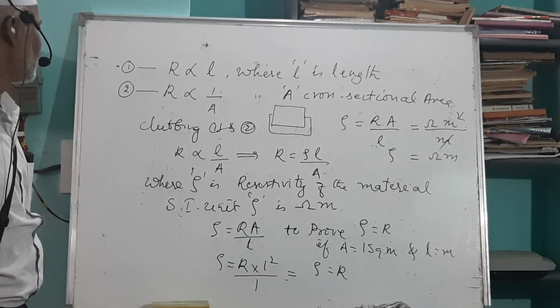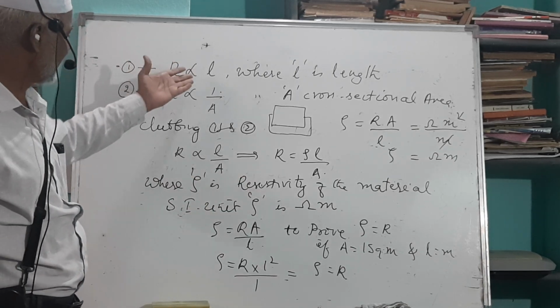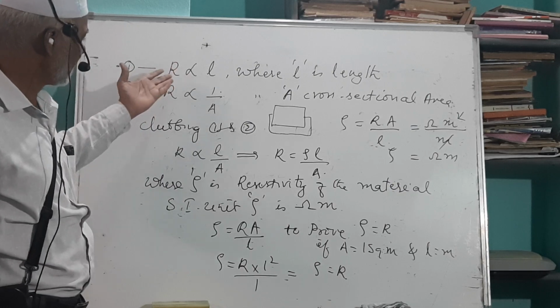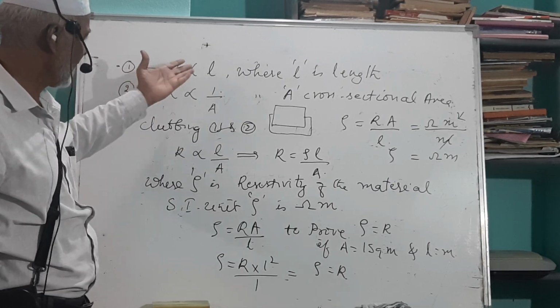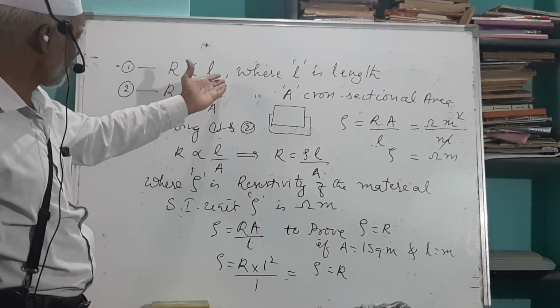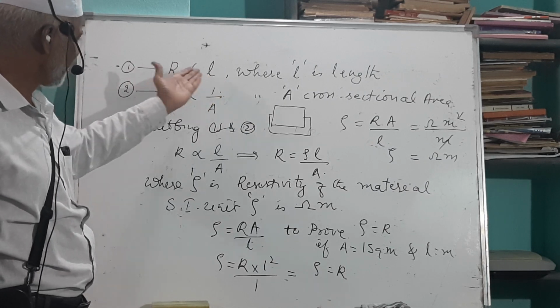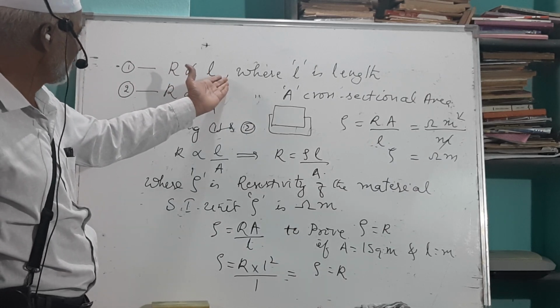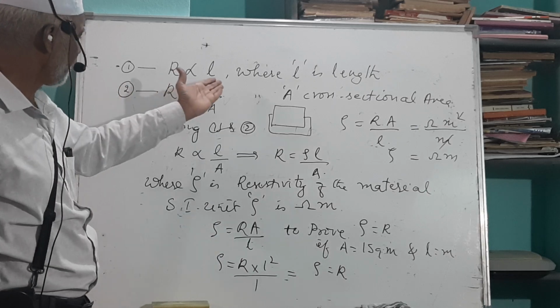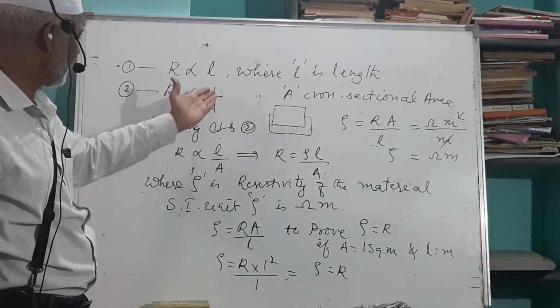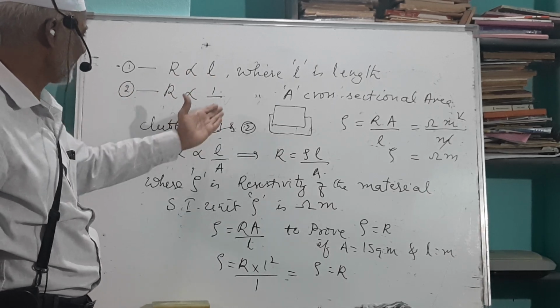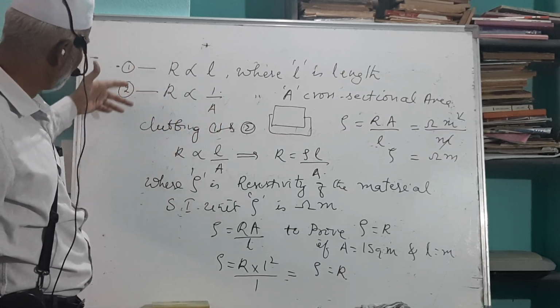So far we have discussed the specific resistivity theory. According to that, at constant temperature, the resistance of a material is directly proportional to length and inversely proportional to cross-sectional area. These are the two factors.